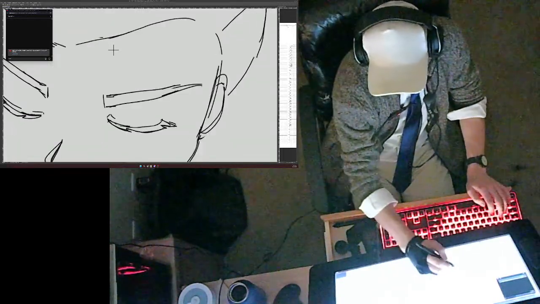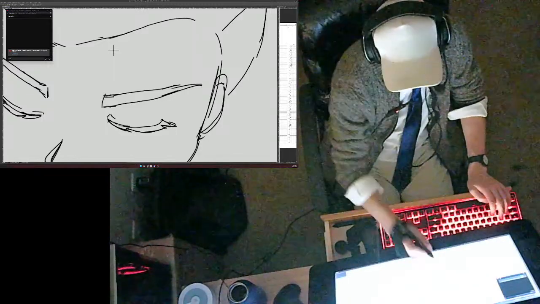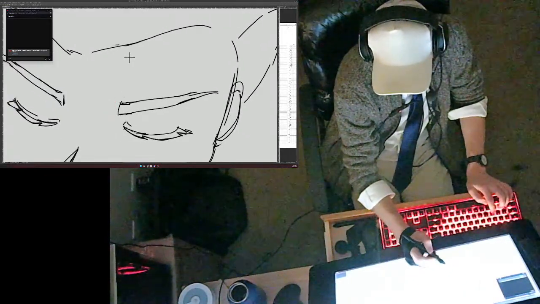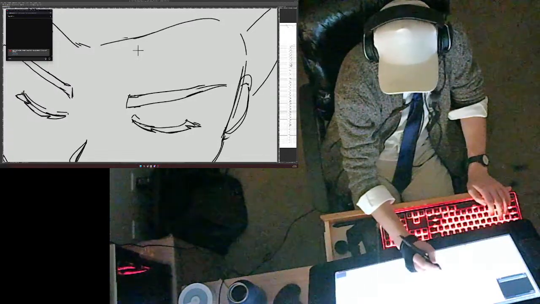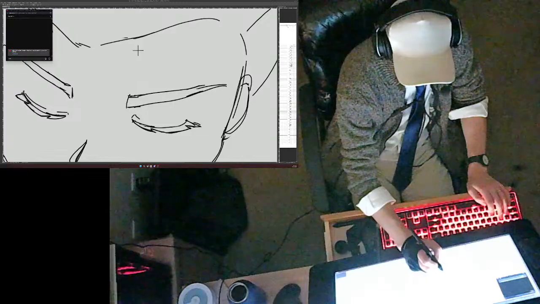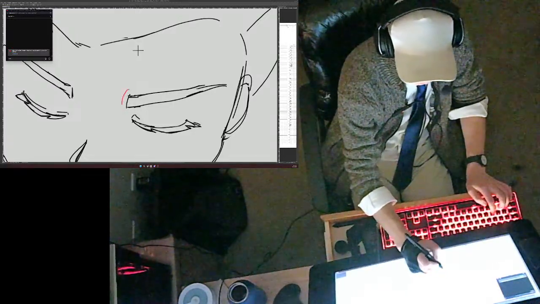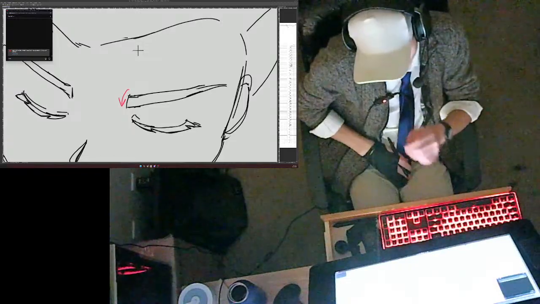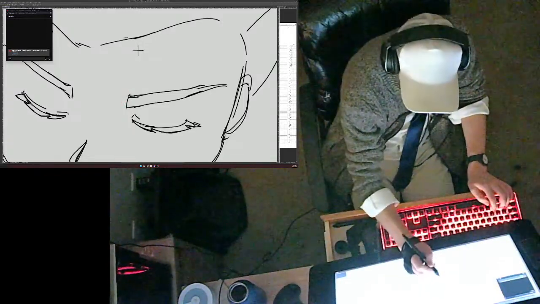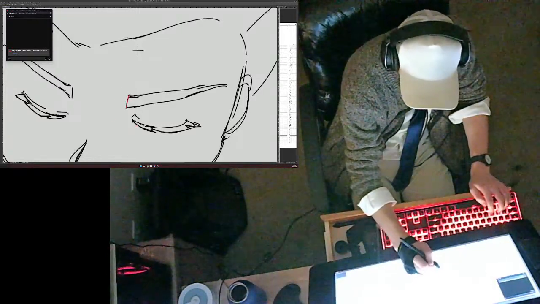Okay, so basically, here's what I'm doing here. So before, this was a line, a rhythm. And the reason I say rhythm is because a line is this, but a rhythm is something that has directionality to it, if that makes sense. And so this is a rhythm, which is a curve, even though it's just a very slight curve.